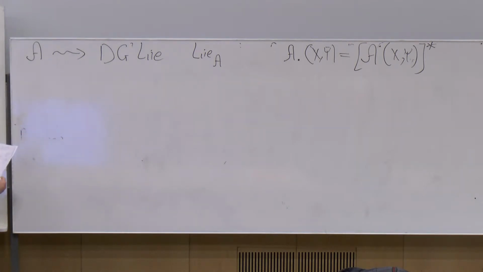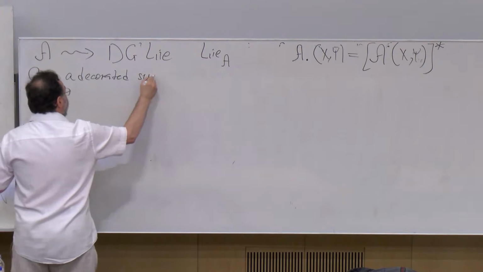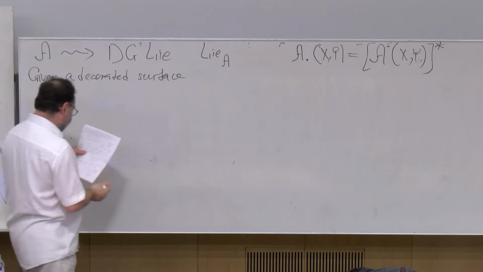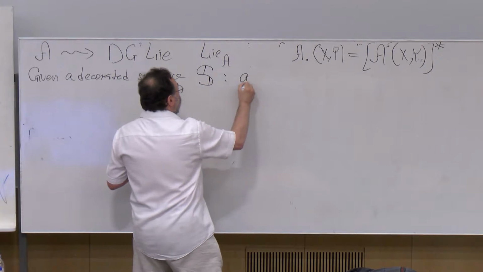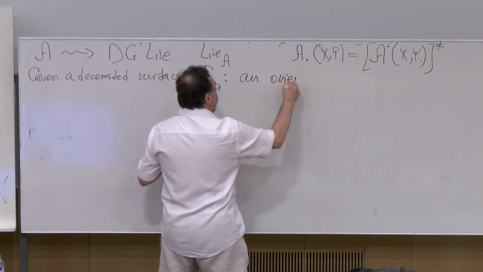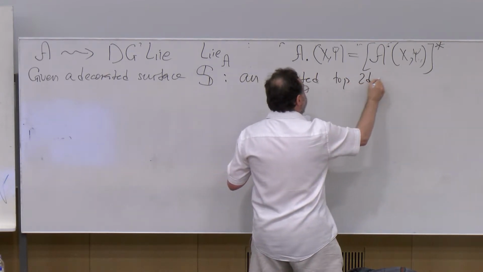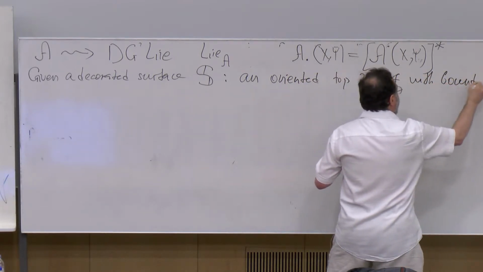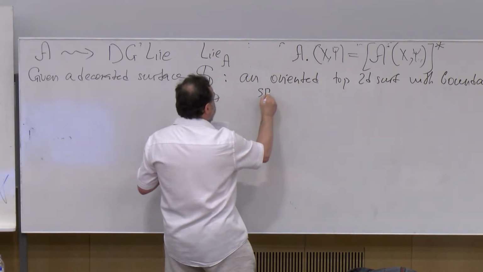And now the other input is a decorated surface. So given a decorated surface, so it's an open string theory. This means it depends on some topological data. So it's a decorated surface S, which is by definition an oriented topological, of course, 2D surface with boundary and some extra data, which I call special points on the boundary.